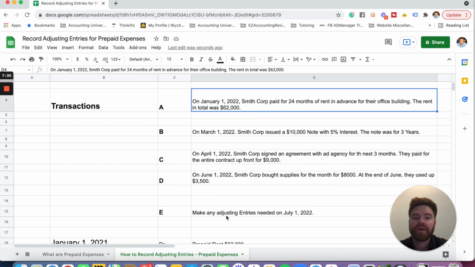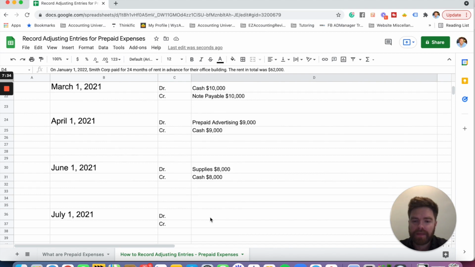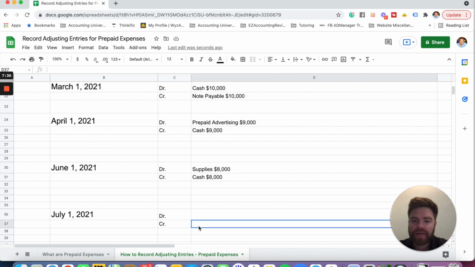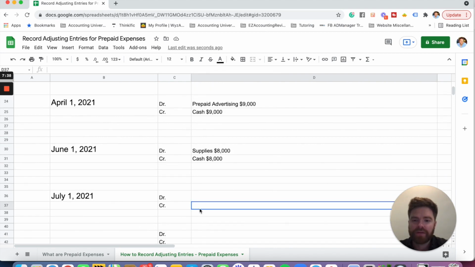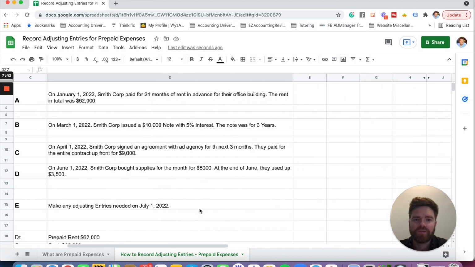So how can we do that? Well, we can make it pretty simple here. We're going to do a calculation, and I'm going to move over right here and do it for you. So equals, we're going to show that 6 months passed divided by 24. So 6 months have been used up out of the 24 months.